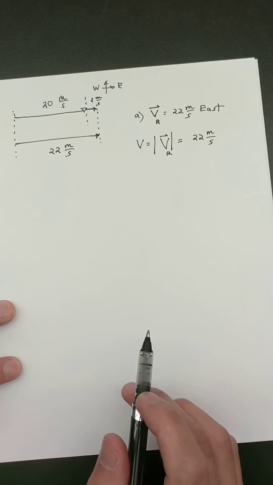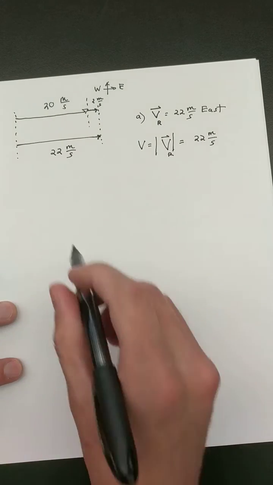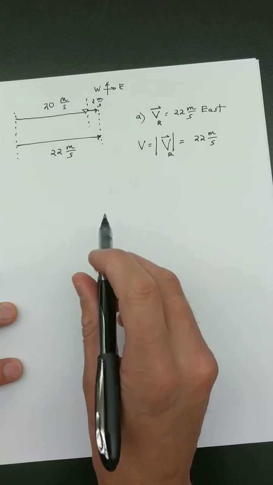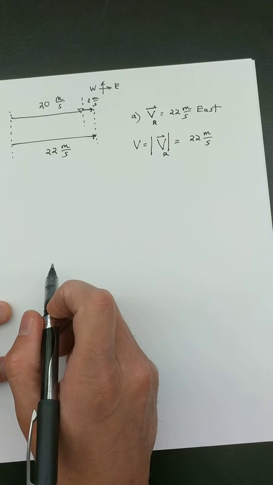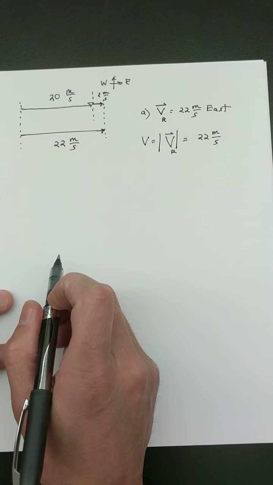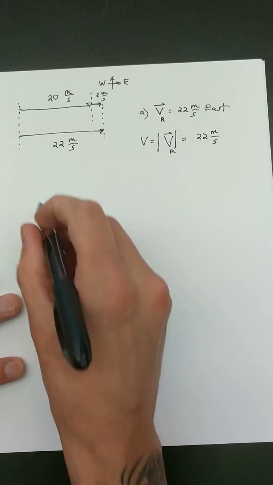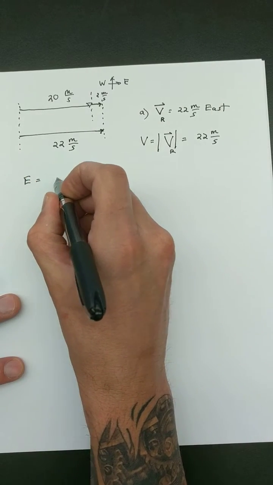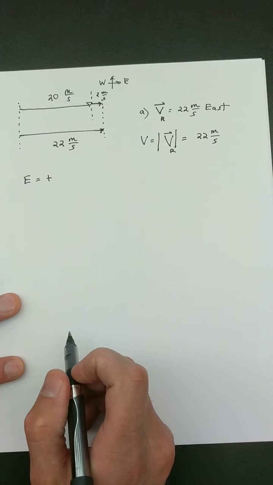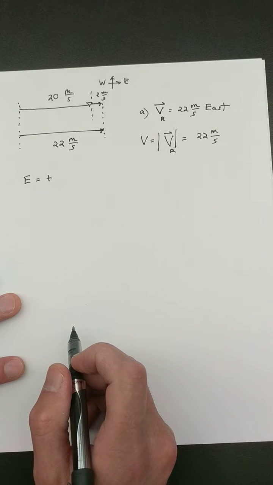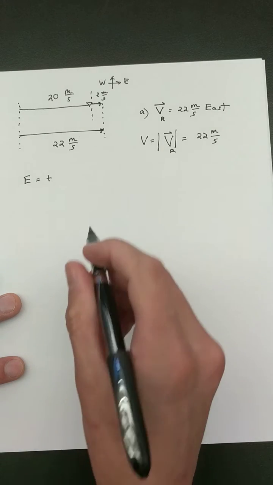Now, if I were doing this part numerically, I would simply assign one direction to be positive and then its opposite is negative. In this case, I'd say east equals plus. And so anything that points east is a positive number.